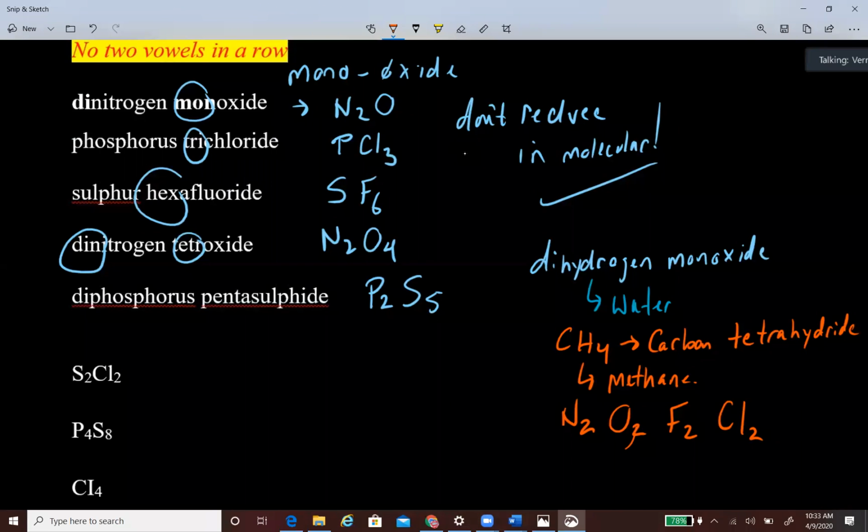You would simply say nitrogen, oxygen, fluorine, chlorine. Iodine is another one. Hydrogen is another one. Bromine is another one. I think there are about 7 on the periodic table that exist as diatomic molecules. But you wouldn't say dibromine. You would say bromine, and they're all gases except for iodine.